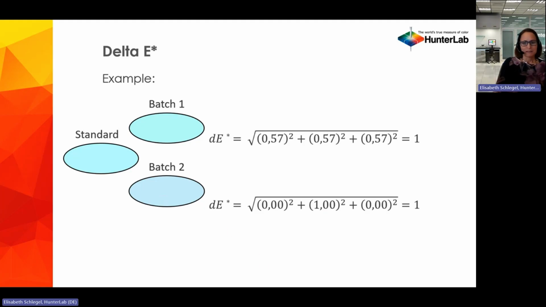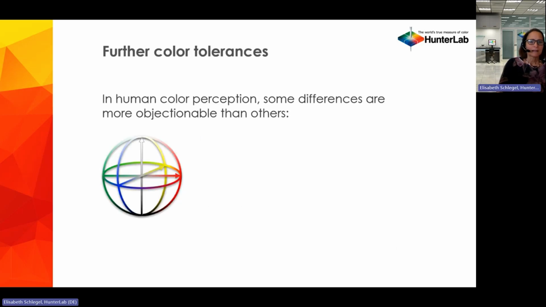And so this is because the color space that we found by LAB is not really uniform. And there we have to look again at the human perception a little bit closer. So for human perception, some differences are more objectionable than others. As I told you, for example, the hue is most objectionable.